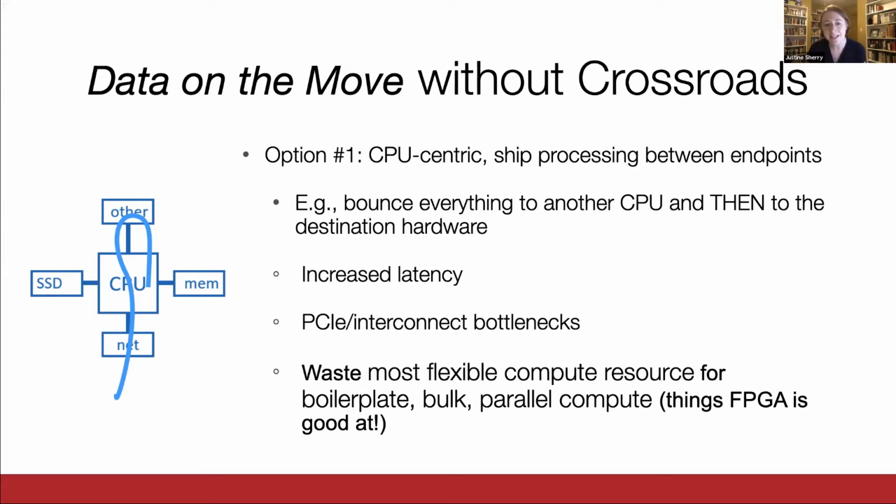Furthermore, it's wasting your most flexible compute resource, that is your CPU, for boilerplate, bulk, and parallel compute. So these data on the move applications that I talked about are doing things like encryption, compression, things that are embarrassingly parallel. And I'm going to note as an aside that these are things that the FPGA is good at.